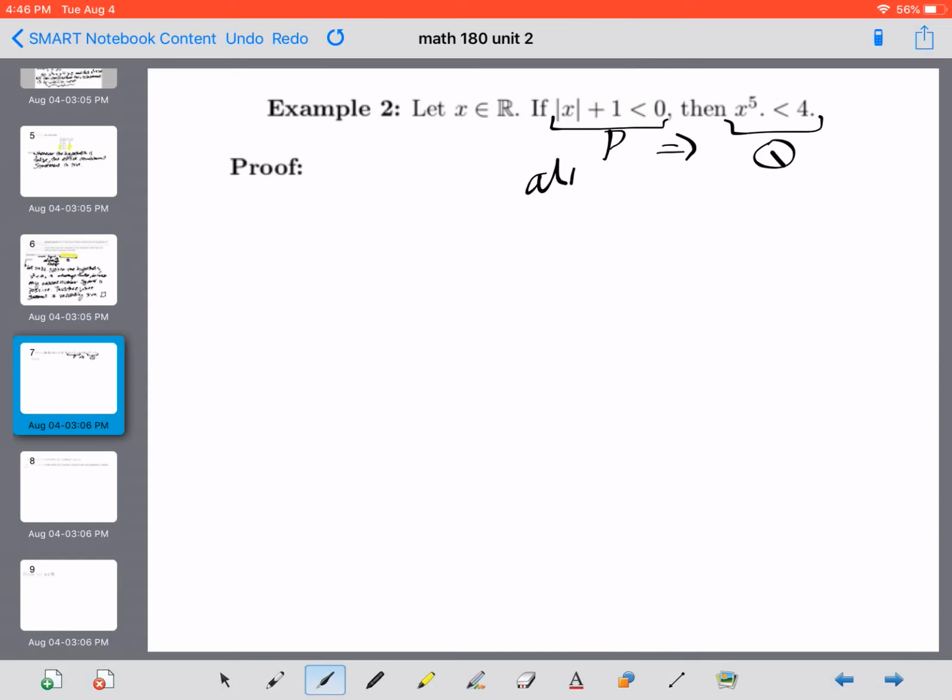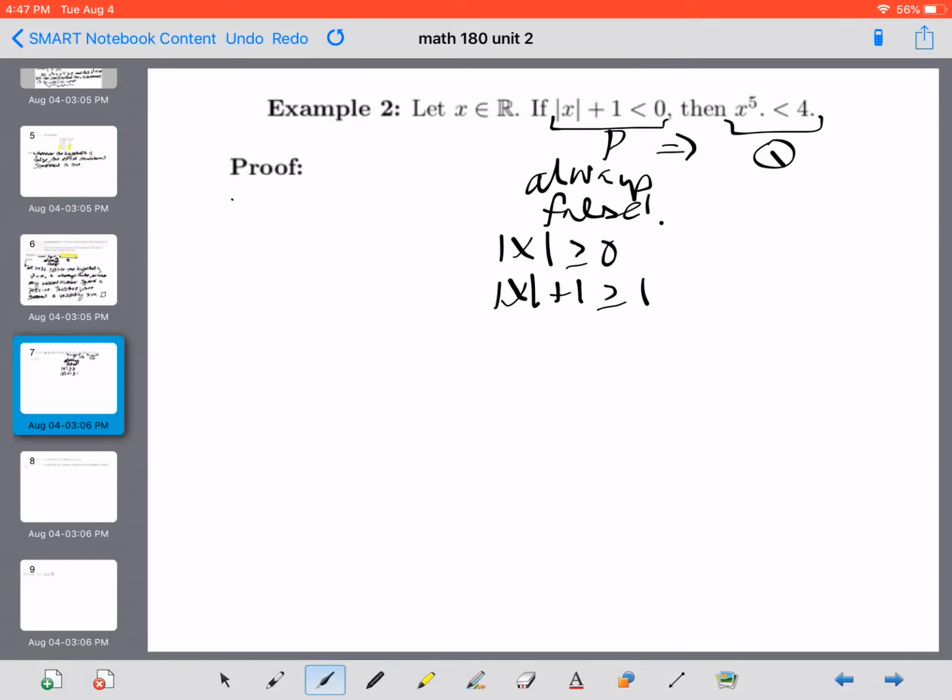The opposite is always false. If it's always true, that doesn't help us. It only helps us if the conclusion is always true. But no, the hypothesis is always false here, and that's because we know that the absolute value of any real number is guaranteed to be greater than or equal to 0. So there's no possible way that the absolute value of x plus 1 could be less than 0, because this is going to be greater than or equal to 1.